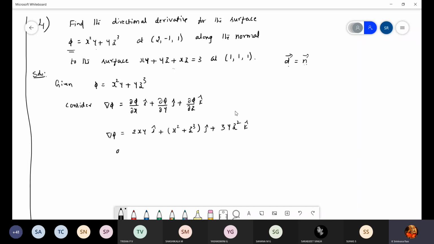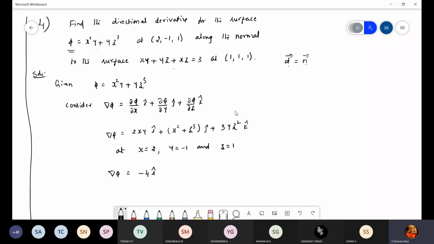The point is given: x equals 2, y equals -1, and z equals 1. So grad phi equals, x is 2, y is -1, 2 2s are 4 with -1, -4 i cap.